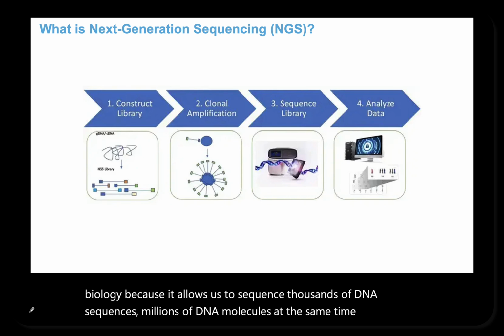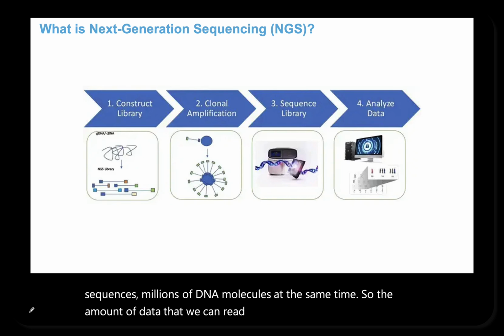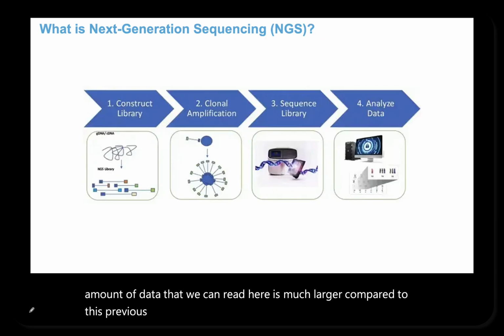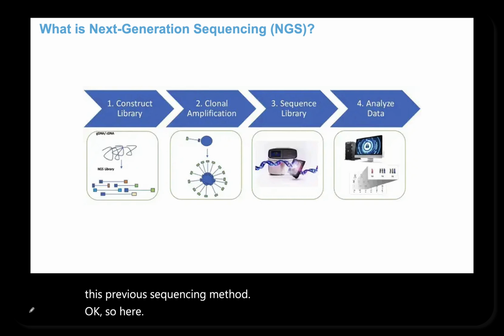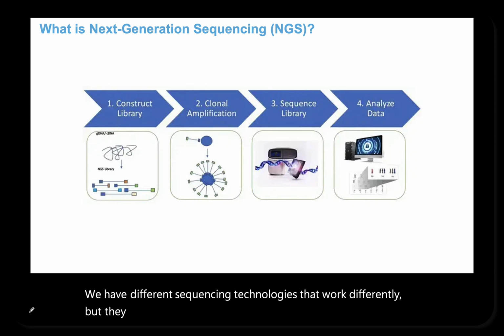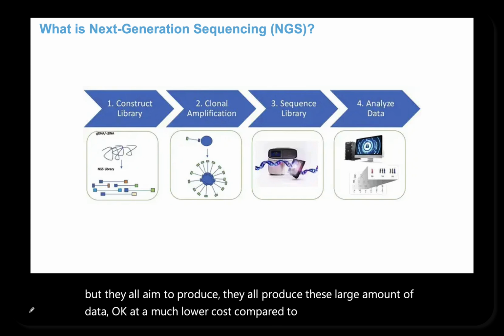So the amount of data that we can read here is much larger compared to the previous method. Different sequencing technologies work differently, but they all produce this large amount of data at a much lower cost compared to Sanger sequencing.